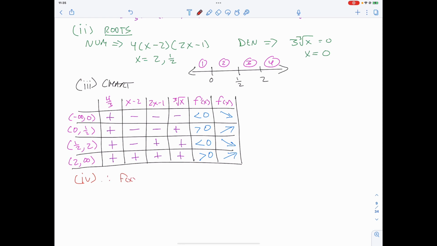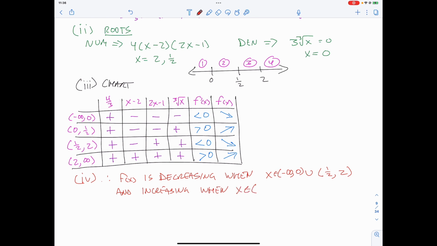Therefore, f of x is decreasing when x is an element of negative infinity to 0 or 1/2 to 2, and increasing when x is an element of 0 to 1/2 or 2 to infinity.